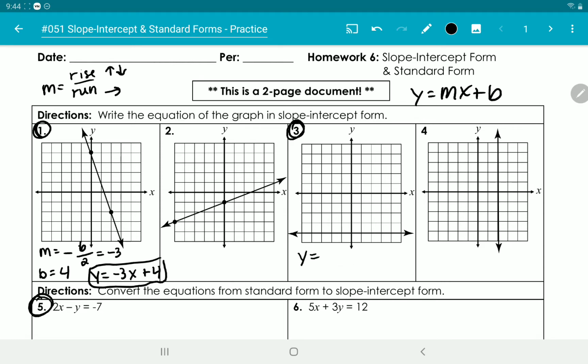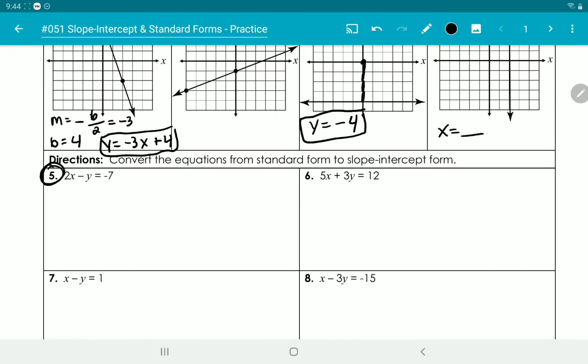Okay? So we have to look at where the intercept is, so we're going to go down. So it's going to be negative, and it goes down 1, 2, 3, 4. So that's all it is. And then this one's going to be x equals something. And again, you just count how far over you have to go until you meet the line from the origin.